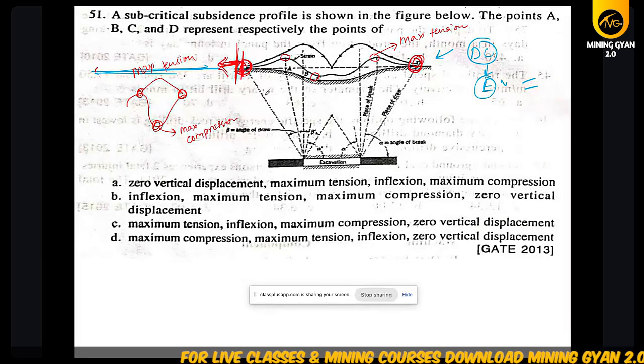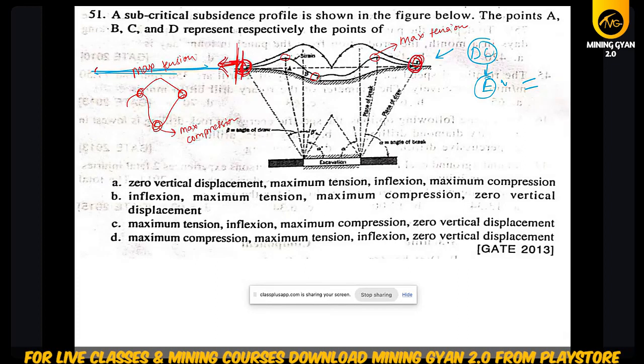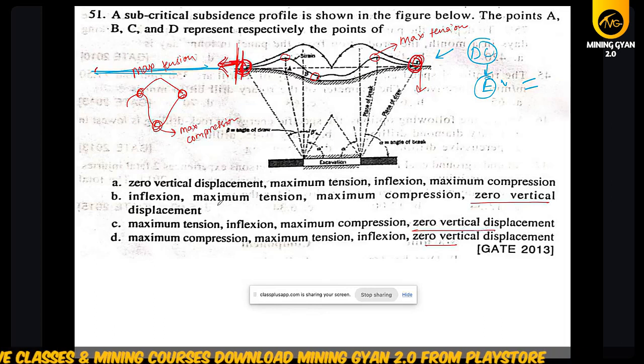So try to eliminate. They have provided us this D point, so the D point should have zero vertical displacement. Zero vertical displacement, we have three options, so the first option we will eliminate. Then come to A point.